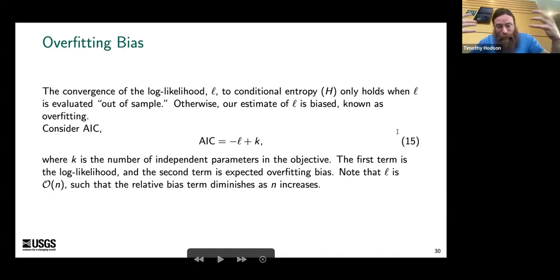So as we get more data, that likelihood is going to grow, whereas K is fixed. And so this relative term is just going to eventually disappear. It shouldn't really affect us too much. Nevertheless, we'll go ahead and incorporate it to be correct, and it's simple enough to do. But for many standard objectives, the overfitting bias becomes negligible.